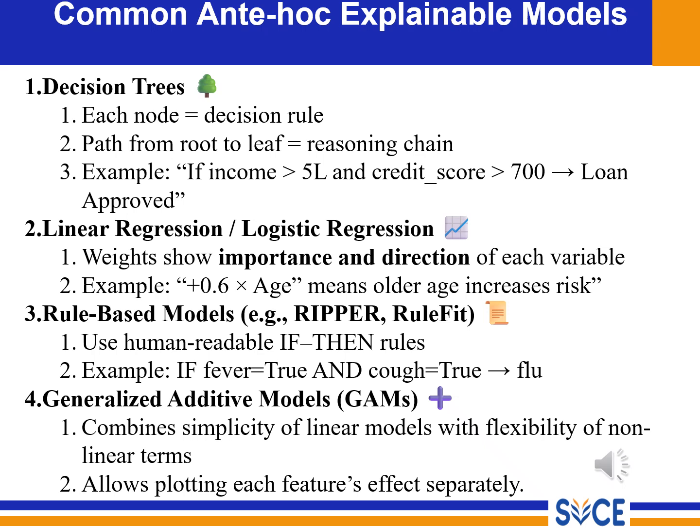The final one is generalized additive models. They combine the simplicity of linear models with the flexibility of non-linear terms, and allow plotting each feature's effect separately. So all these models are naturally explainable. Just remember, if the model itself is understandable, that is called ante-hoc. Clear?